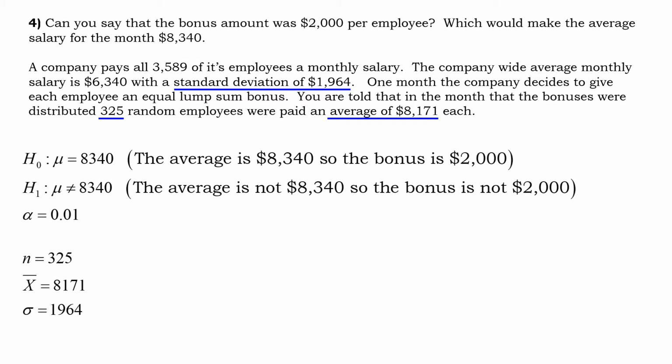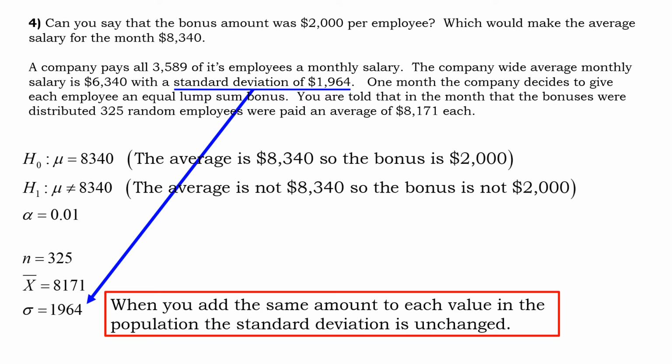So we have to go back to something we talked about previously, right? We know in a typical month, the standard deviation for the whole company is $1,964, and we have added an equal amount to everybody's salary. So remember, that's going to change the mean by however much was added to the individual salaries.